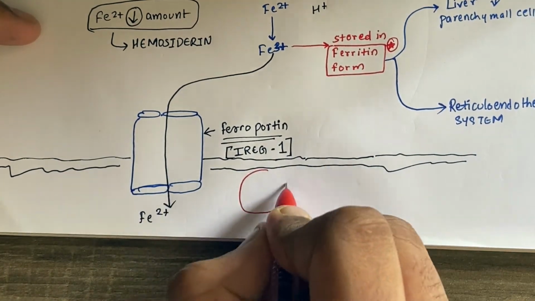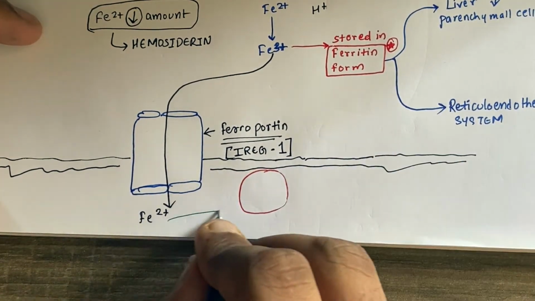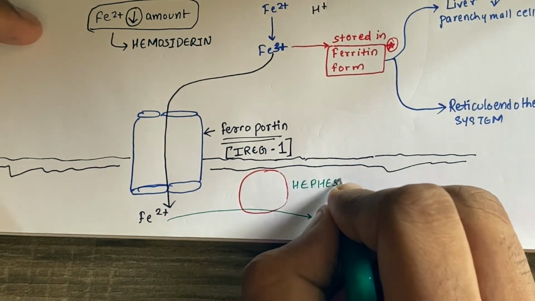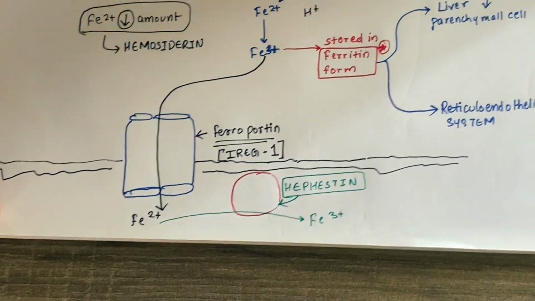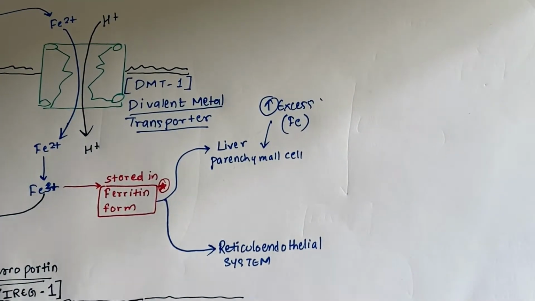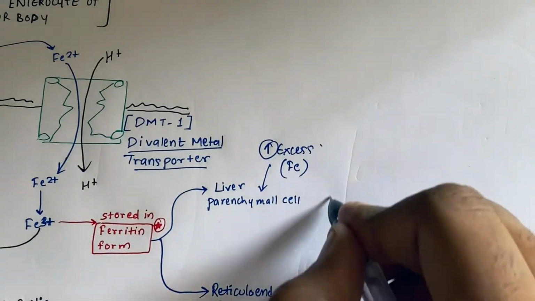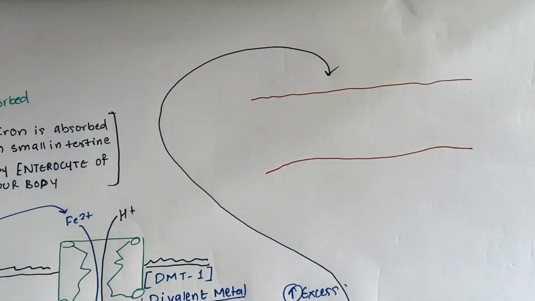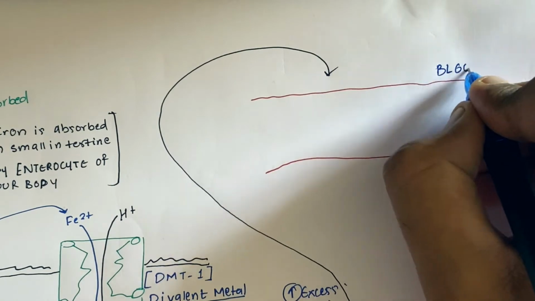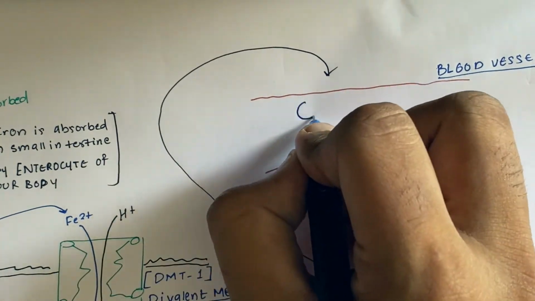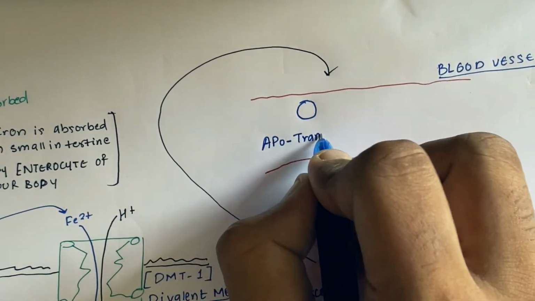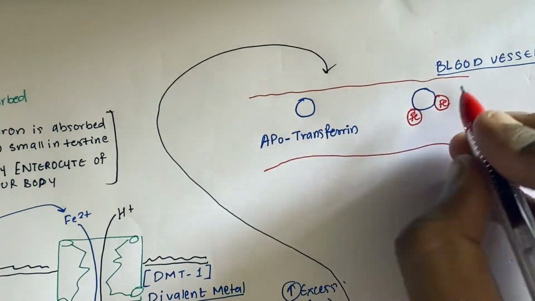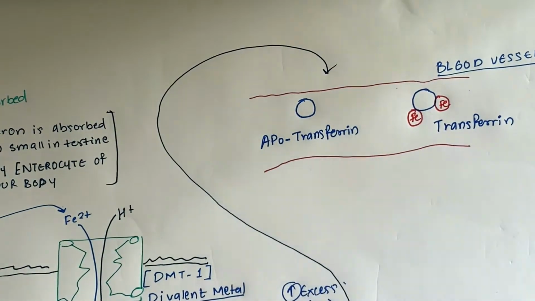There is a transporter named ferroportin, IREG1, which takes the iron out, and there is again an enzyme, hepcidin, which converts Fe2 to Fe3, ferrous to ferric iron. The red thing I have drawn is a blood vessel. There, apotransferrin binds two iron molecules, and then it's called transferrin.